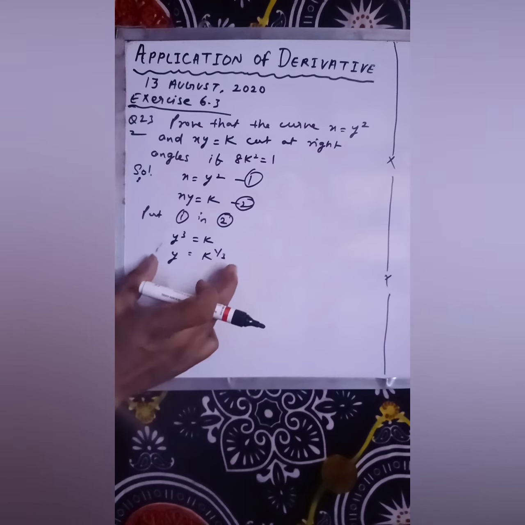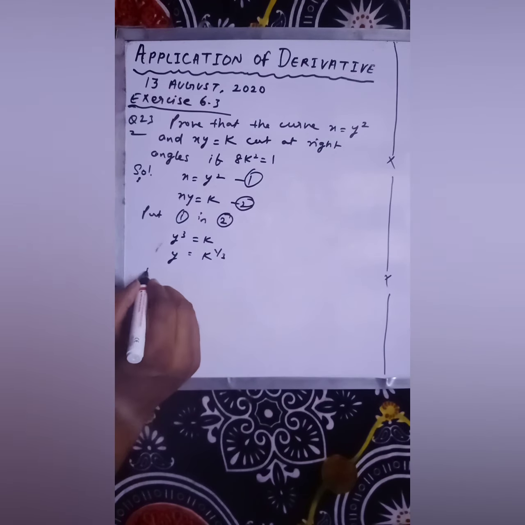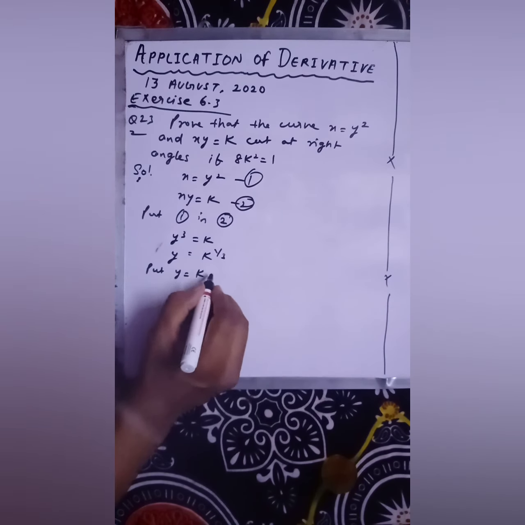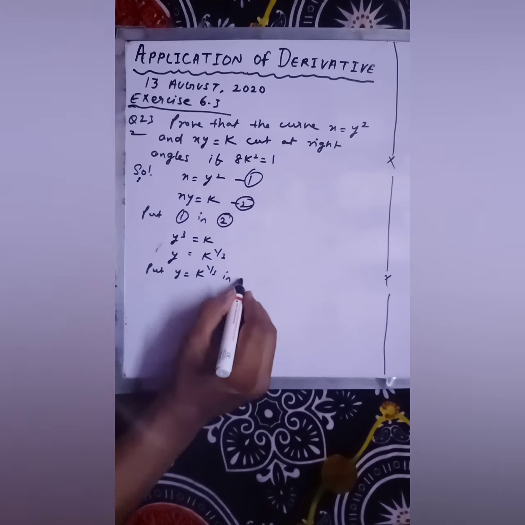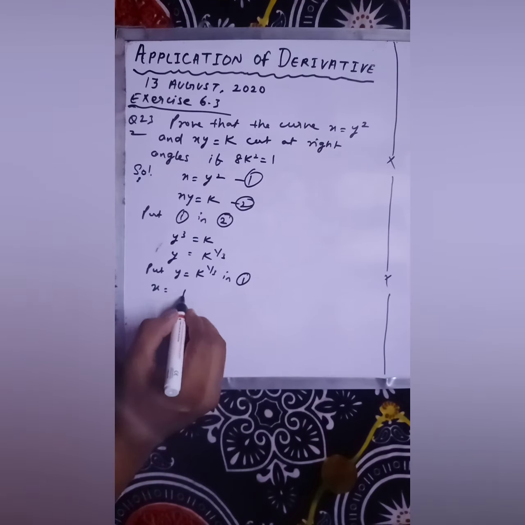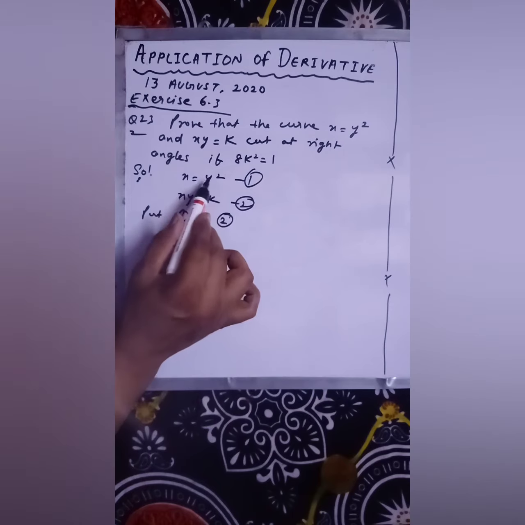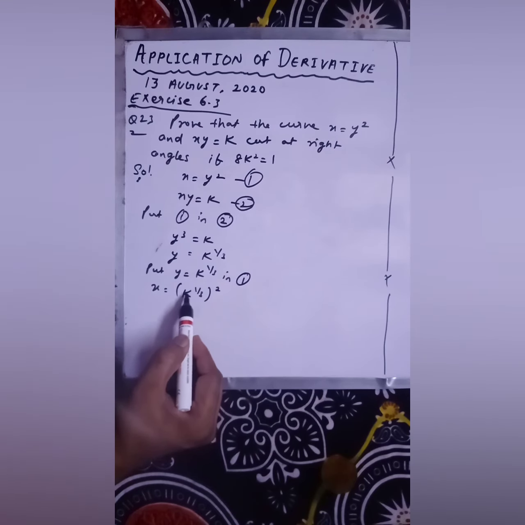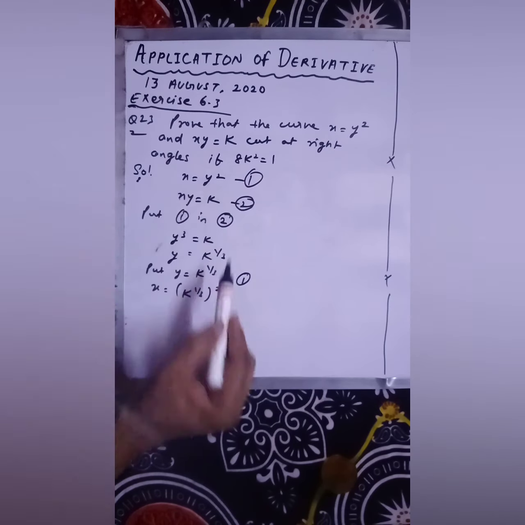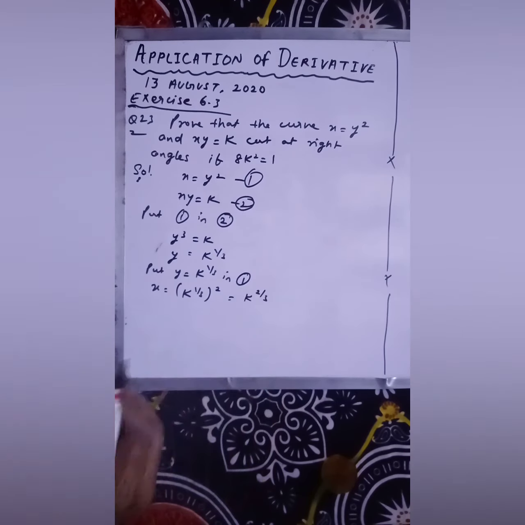Okay, when you put this value of y in equation number 1, your y is k to the power 1 by 3, and this is y square. So in place of y, I am putting k raised to the power 1 by 3, and this square you have to copy here, and you will get k to the power 2 by 3.